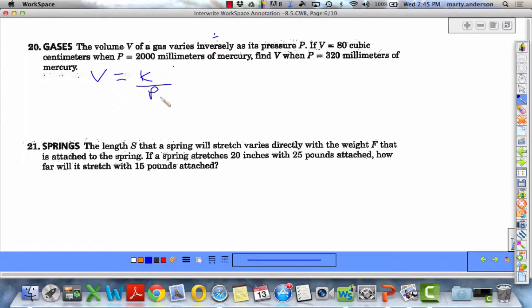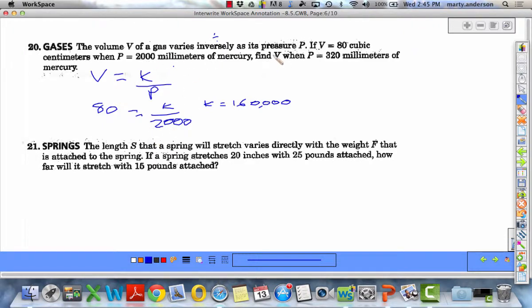So I need to put it over P. If the volume is 80 when P is 2,000, then I can solve for my constant of variation, and I get k equals, that must be about, holy cow, a big old number, 160,000 if I multiply both sides by 2,000.